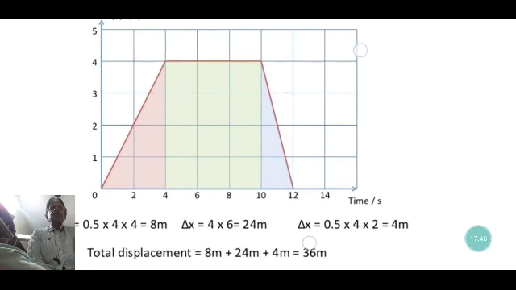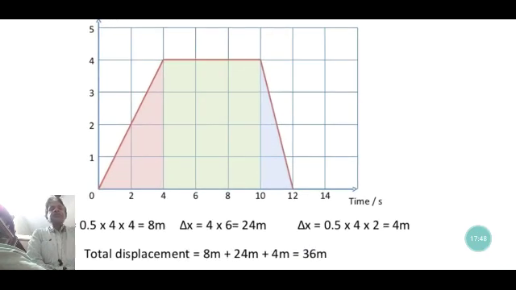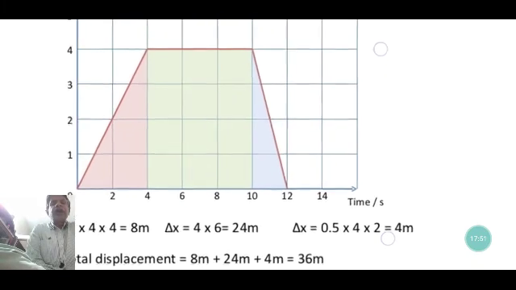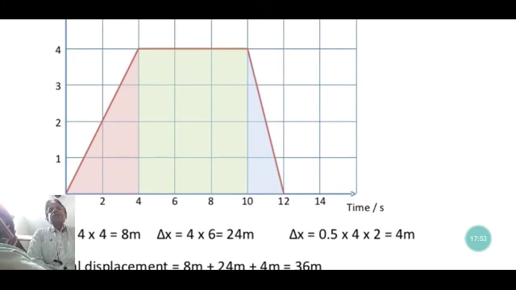Now, it is also a velocity time graph. In this graph, in the first 4 seconds, the velocity of an object is increasing, and from 4 to 10 seconds, the velocity of the object remains constant, and in the last 10 to 12 seconds, the velocity of the object decreases from 6 to 0.